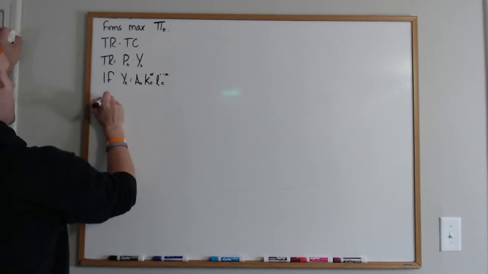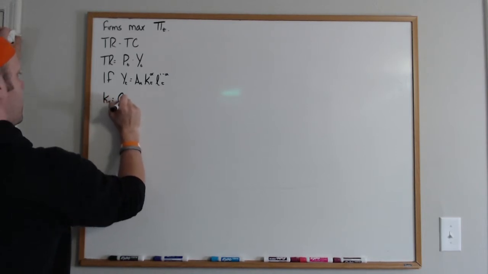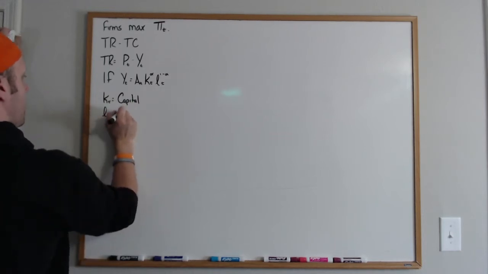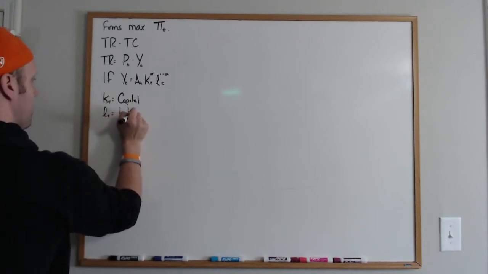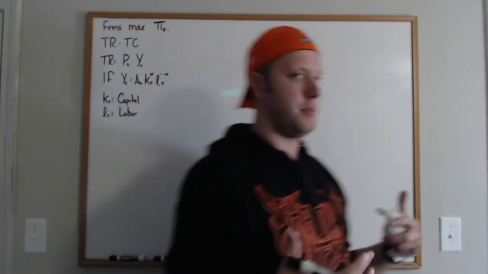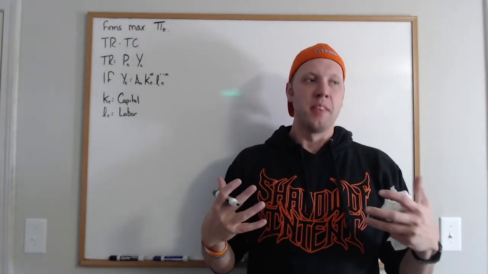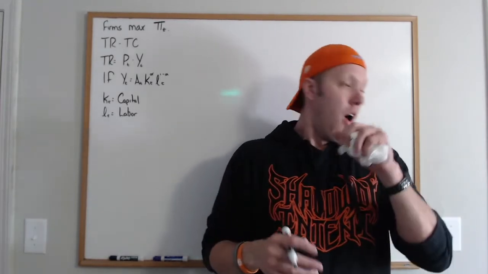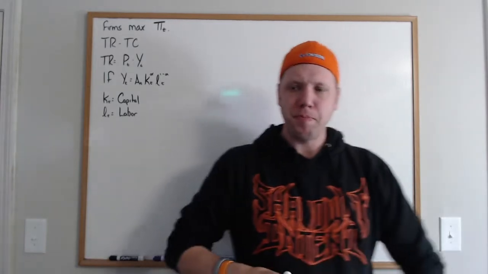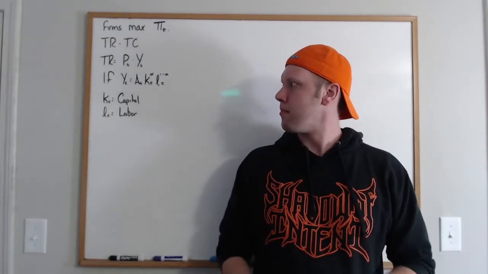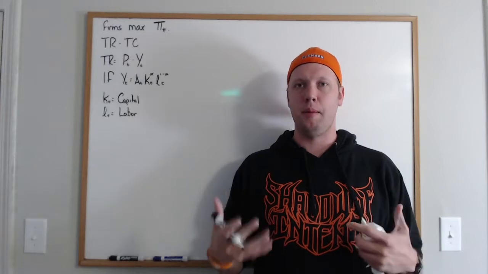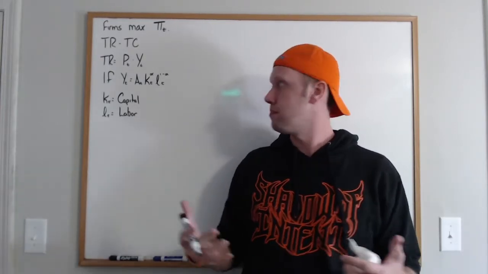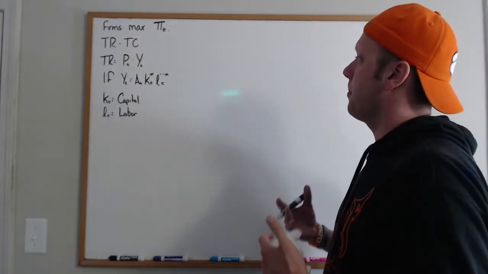So K_t is capital, L_t is labor, and they require a certain combination of these two inputs in order to optimize their production, to do so as efficiently as possible. They need a certain optimal combination of these two things to produce as efficiently and optimally as they can. Well, that's all well and good.